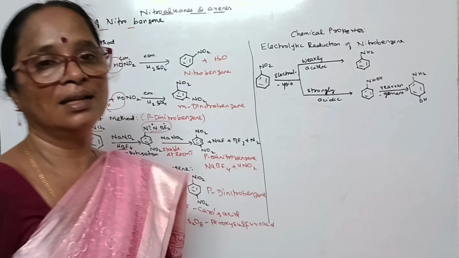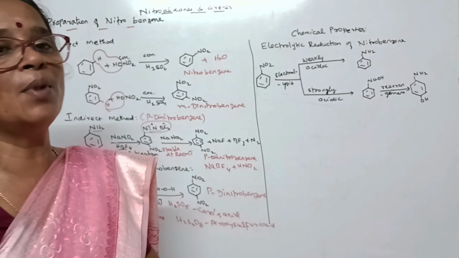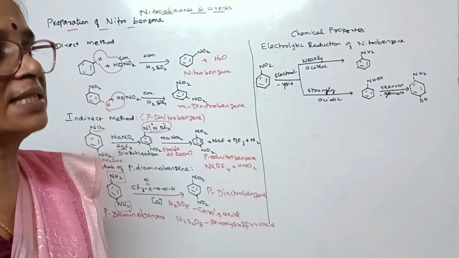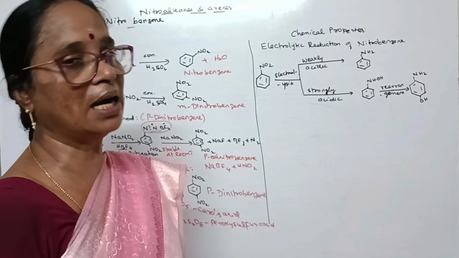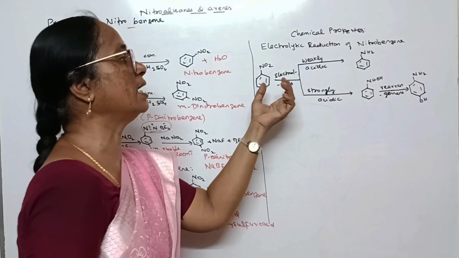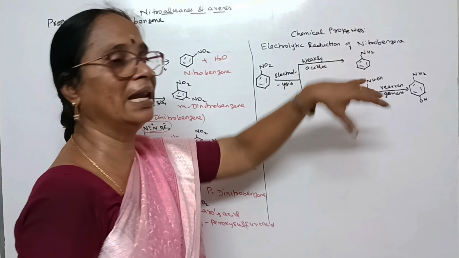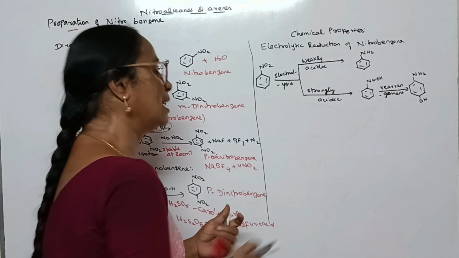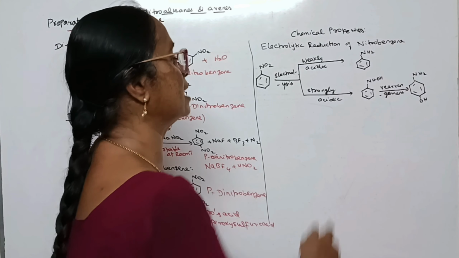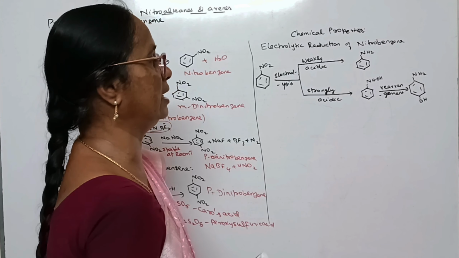The next one. In the last session we discussed the reduction of nitrobenzene in different media: acid medium, alkaline medium and neutral medium. Besides that, nitrobenzene can also be reduced in electrolytic medium. In electrolytic medium also we can take weakly acidic condition or even strongly acidic condition.